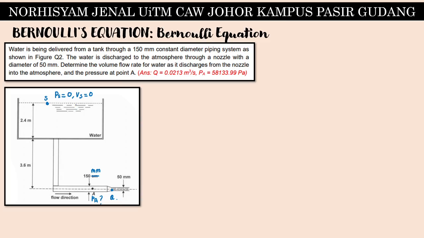If you have a surface of a tank or reservoir that is open to atmosphere like this, PS equals 0. Vs will also be equal to 0. And next we have Zs. Zs over here, we assume this is the reference point. So elevation over here is equal to 2.4 plus 3.6. Zs is equal to 6 meter.